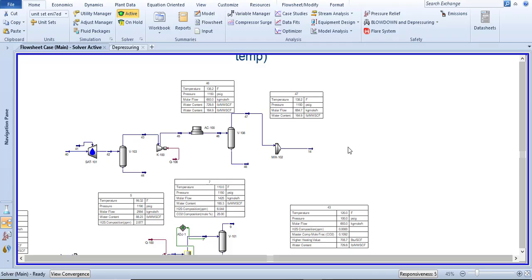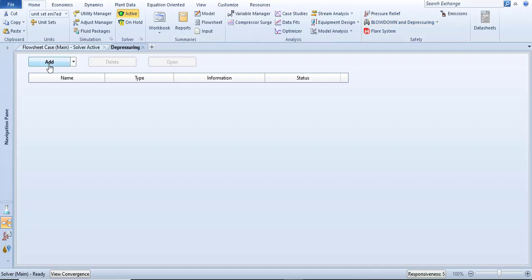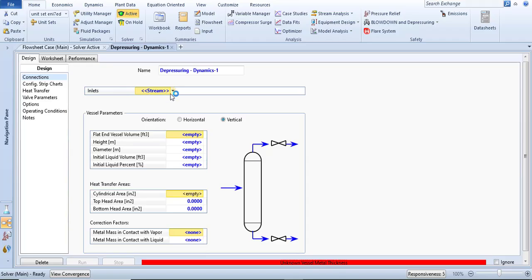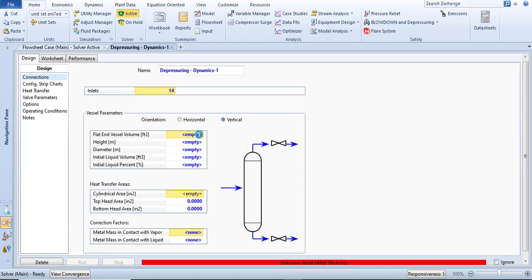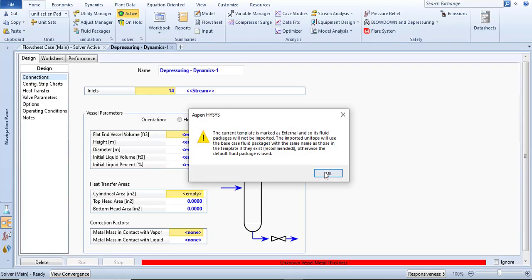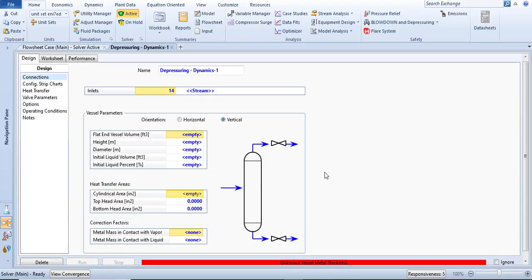So I have one gas composition here, stream 40, as you can see. The temperature is 138, it's quite hot, and the pressure is 11 psi. We will go and depressurize this. For this application, I am considering a vertical vessel, since I have that example in my mind.